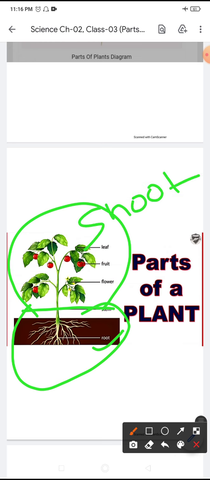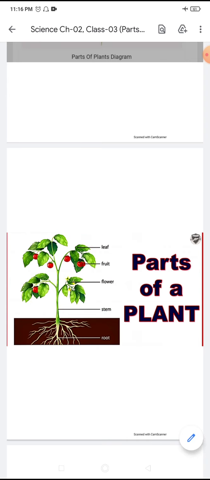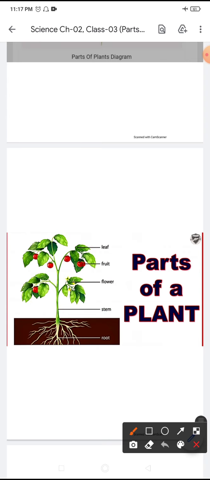Yes, now come to the parts of plant. See, parts of plant, it has leaf, fruit, flower, stem, and root.